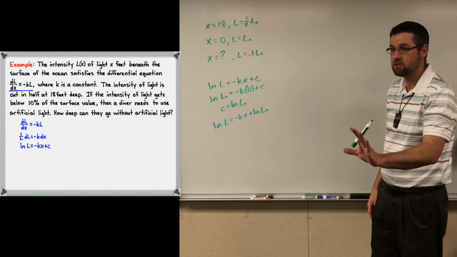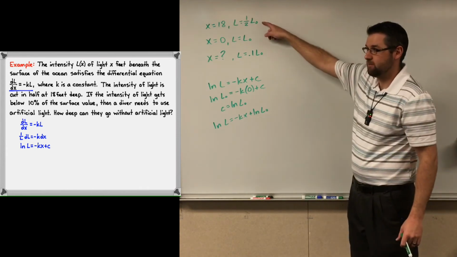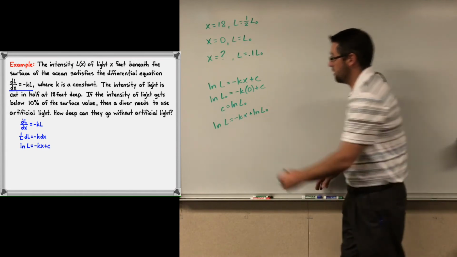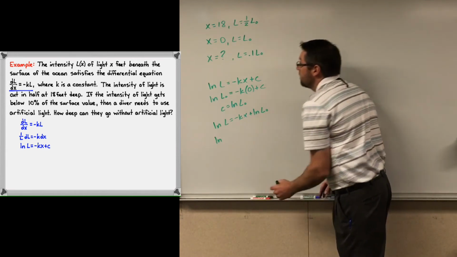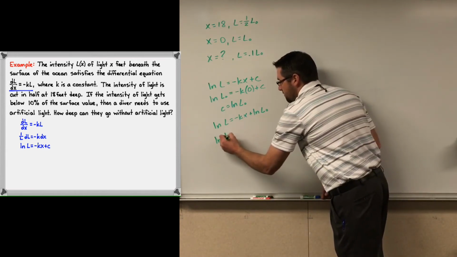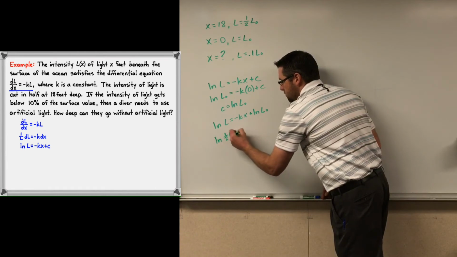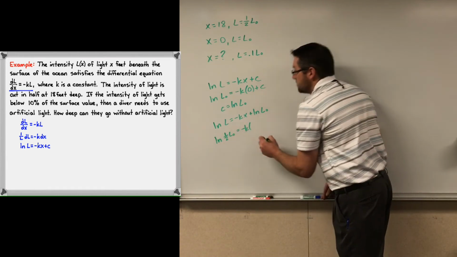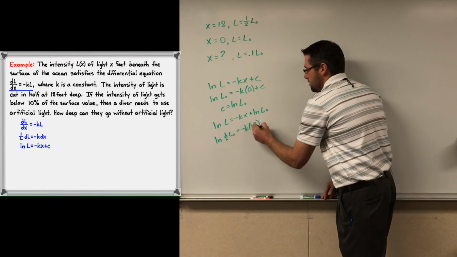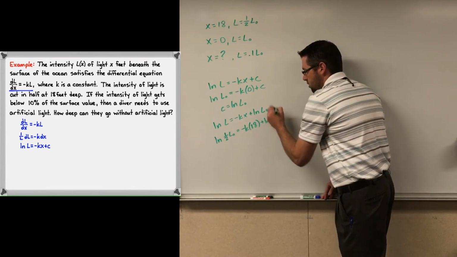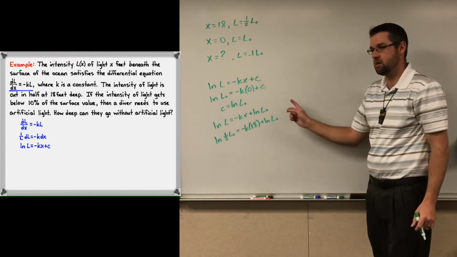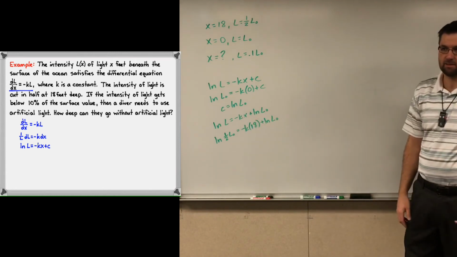Let's plug this in. What do we get here? The natural log of 1/2 L0 equals negative K times 18 plus the natural log of L0. That actually cleaned up a lot.